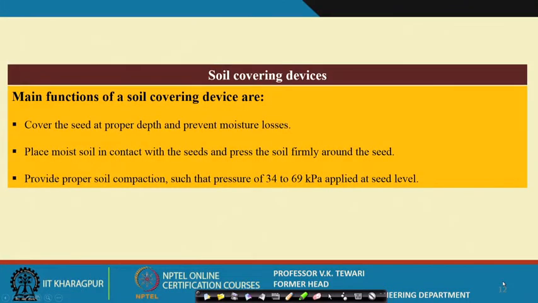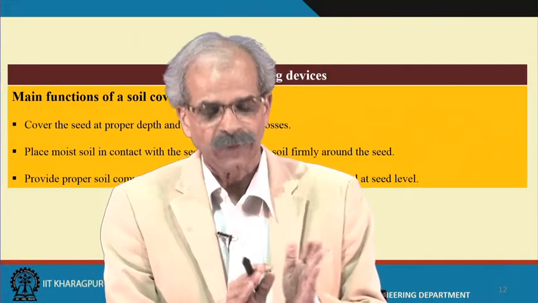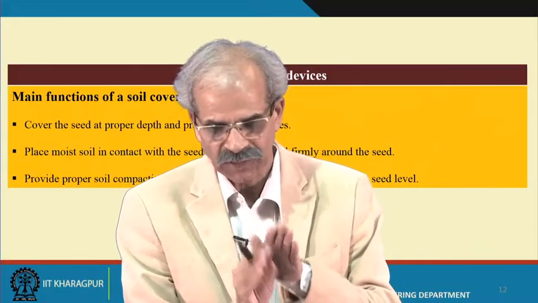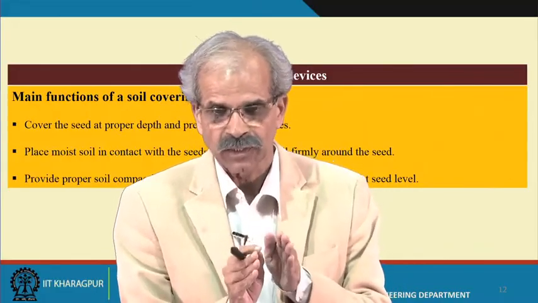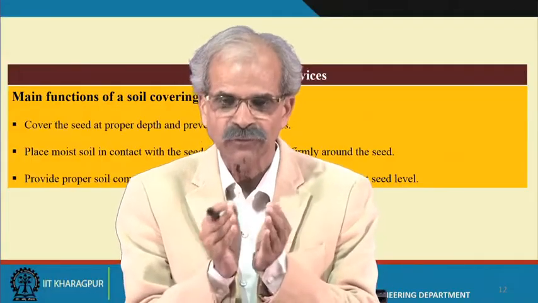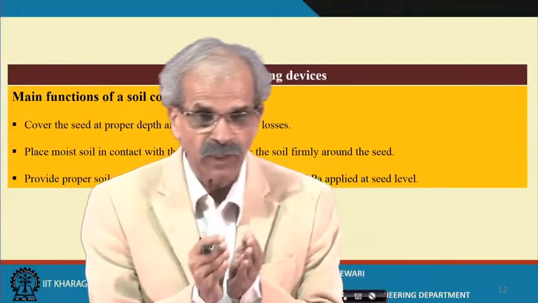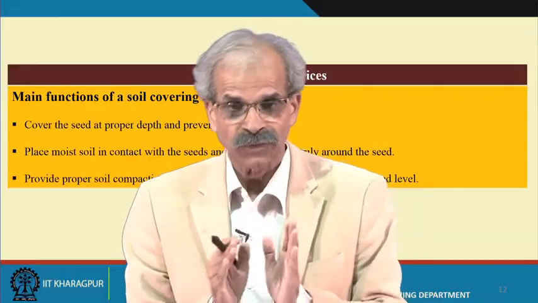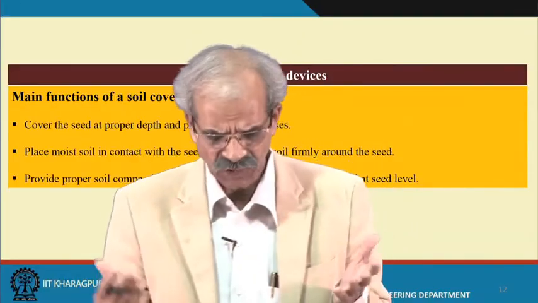Soil covering devices, another important function of this is soil covering. See, once you have put the seeds in the soil, in the congenial atmosphere in which the seed has been placed, now it must be properly covered. So, for covering there are various types of devices.